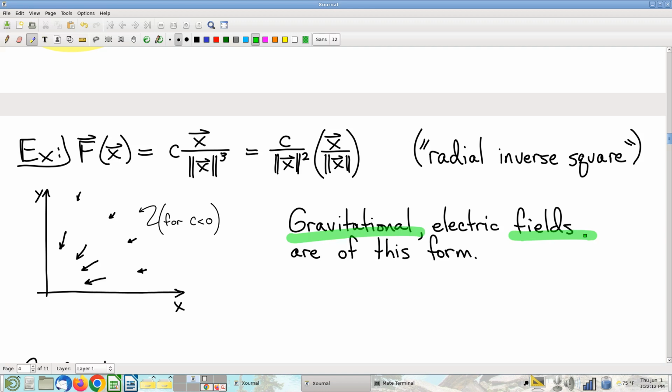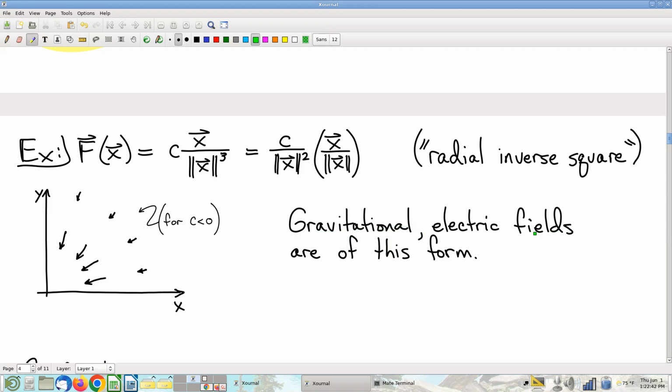You've heard of, like, a planet has a gravitational field, the sun has a gravitational field. It's the vector field representing what we loosely call the gravitational force, acting depending on where you are. Of course, the gravity pulls in different directions, right? The closer you are to the planet, the more gravitational force there is, right? So this is an example of a gravitational field.